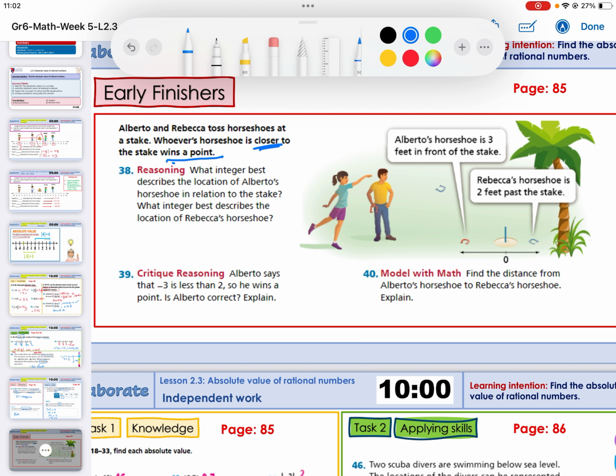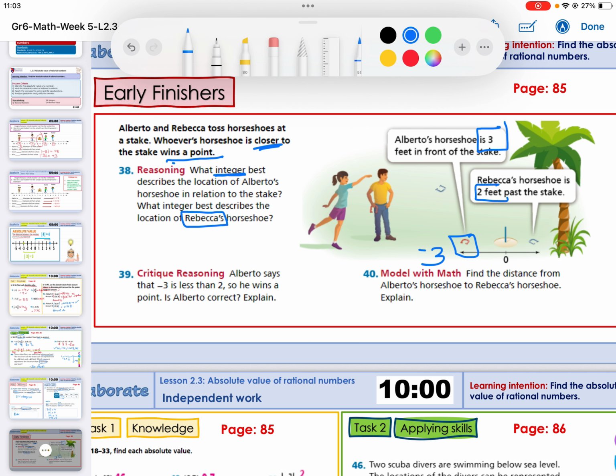What integer, they're telling you here integer, best describes the location of Alberto's horseshoe? So where is Alberto? It's 3 in the front. As you can see here, 3 is located to the left of 0. So the integer that describes Alberto will be -3.